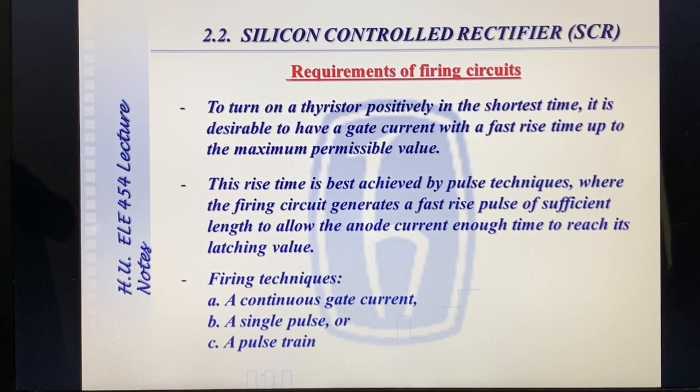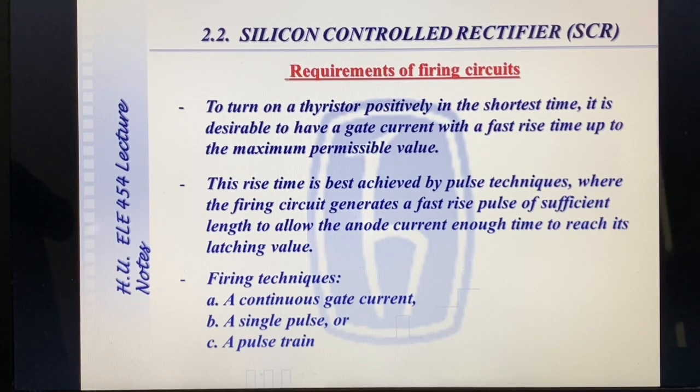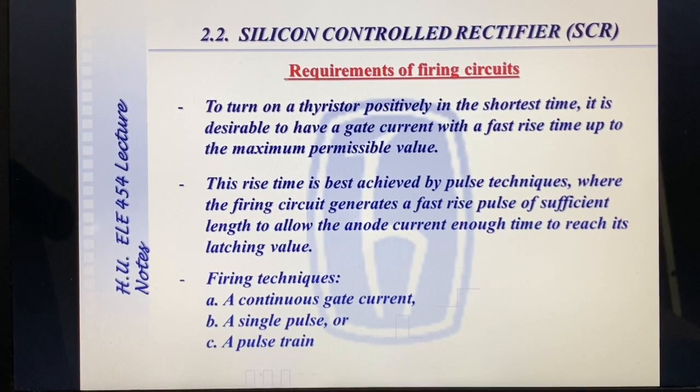Because if the gate current duration is not enough, and the anode current has not reached its latching value during this time period, the thyristor may revert back to the off state.